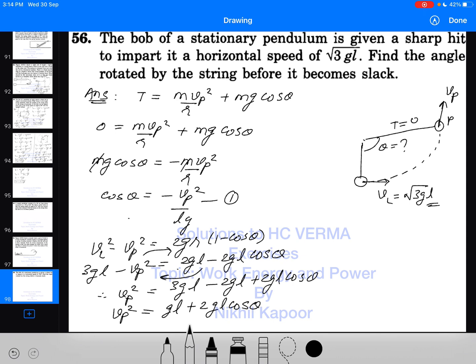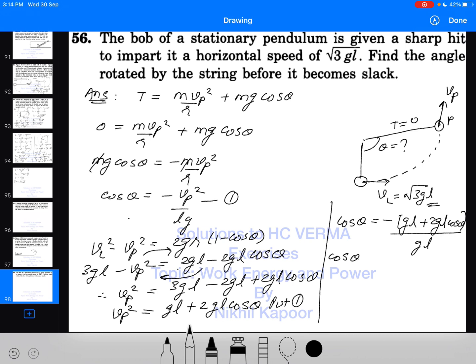Now put this value of v_p square in equation 1 to get the position where the string becomes slack. So cos theta is equal to minus (gl plus 2gl cos theta) upon gl.